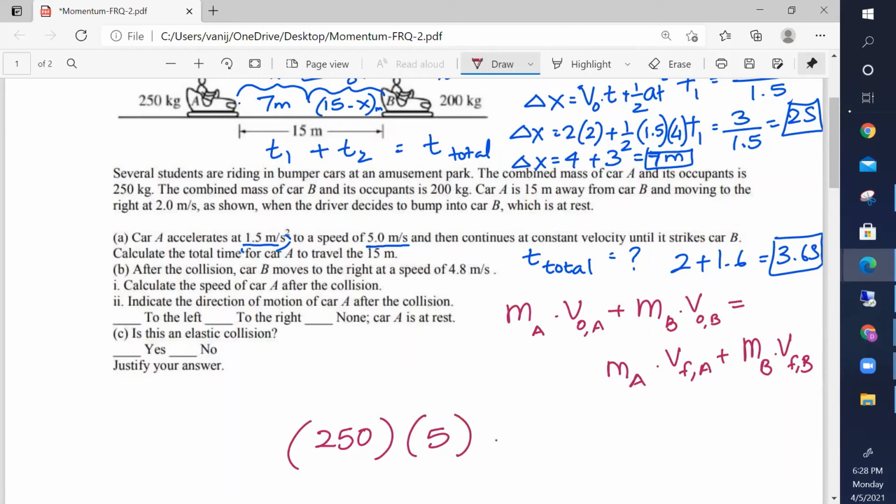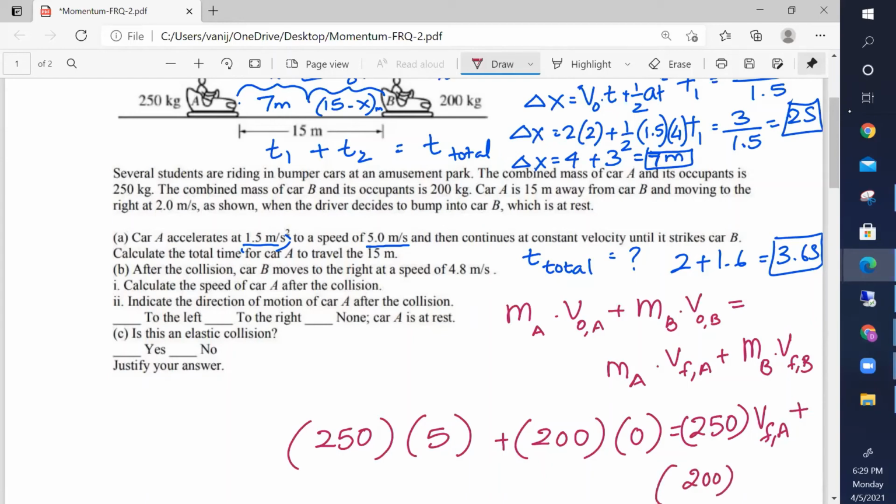So that is going to be 5, plus mass of car B, which is 200, times the initial velocity of car B, which is anyway 0 because it is at rest, is equal to 250 times, I do not know what the final velocity of car A is, plus 200 times 4.8 meters per second. It moved to the right after collision, so I know that that is positive.